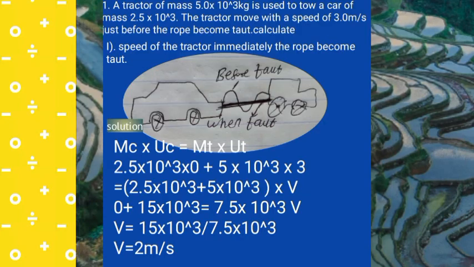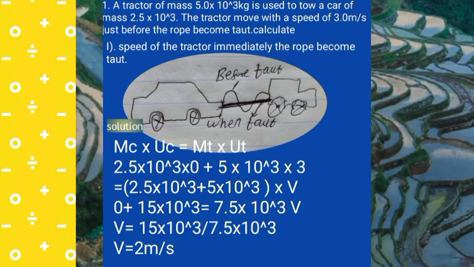Another question says, a tractor of mass 5.0 times 10 raised to power 3 kg is used to tow a car of mass 2.5 times 10 raised to power 3 kg. The tractor moved with a speed of 3.0 meters per second just before the rope was taut. Calculate the speed of the tractor immediately the rope became taut. Solution.